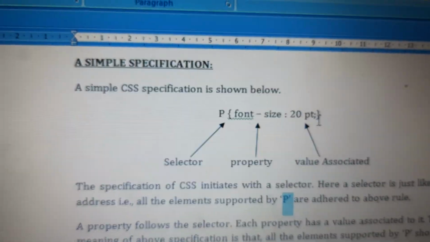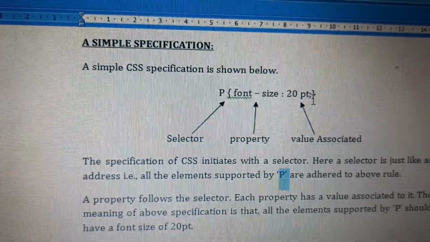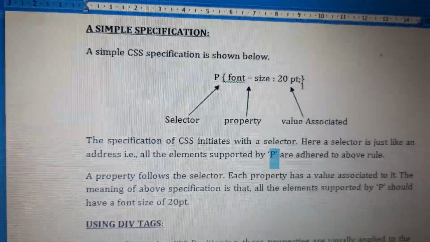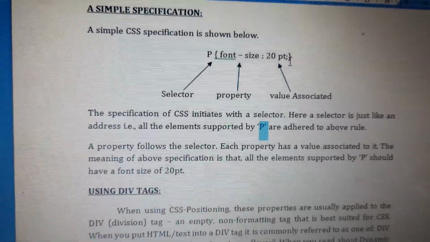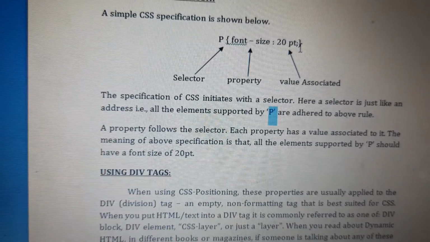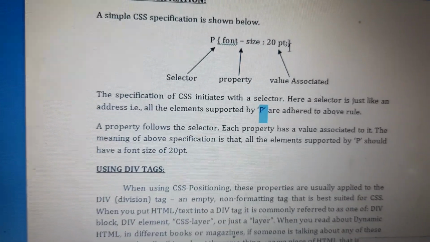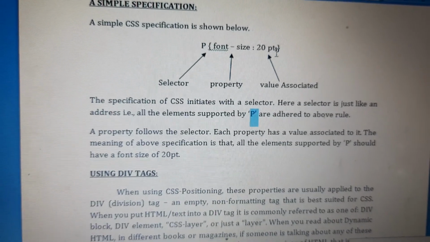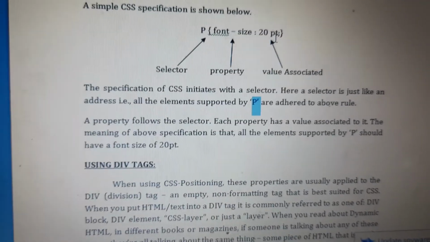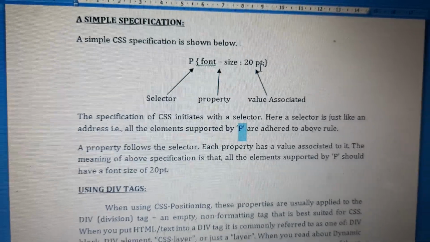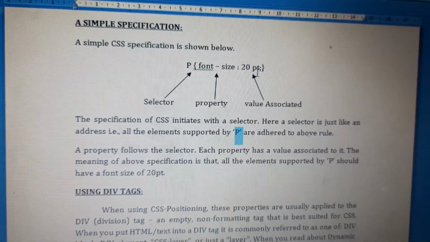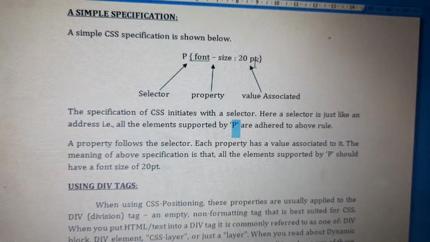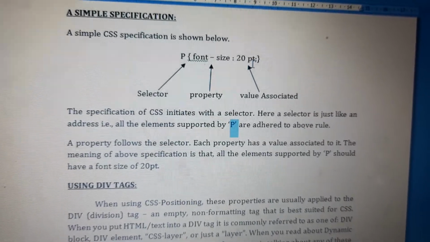After the semicolon also I can go for n number of properties and their associated values. So we can specify n number of properties and values associated to those properties in a selector. It doesn't mean that we can have only one property and one value. We may have a number of properties and their associated values.